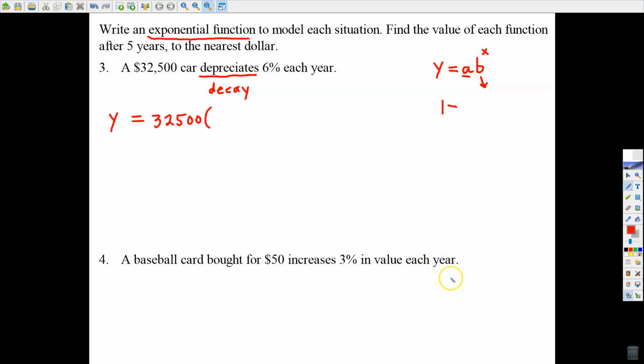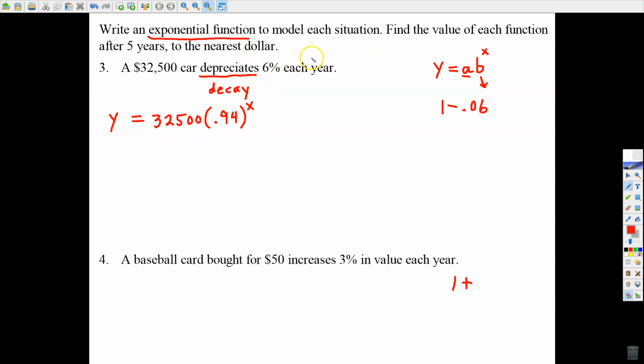Well, that's exponential growth. To get B for a growth problem, we're going to start with 1, and then we're going to add a percentage. Okay, so what we subtract in number 3 is the 6% as a decimal. So just go to your calculator and do 1 minus 0.06, and that gives you your decay factor, which is 0.94.